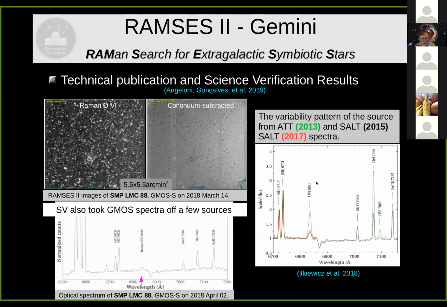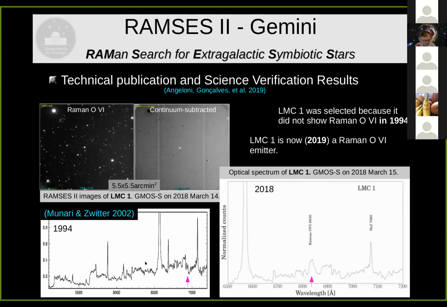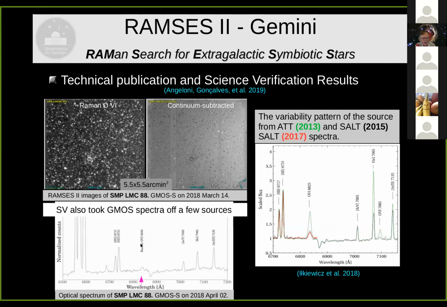So in the night after that, we took the photometry, and we also took an optical spectrum, and what you see here is that the emission is very faint now, 2 years ago. And this paper shows that from 2013 to 2017, the Raman intensity was going down. So this is why we were not able to detect it.